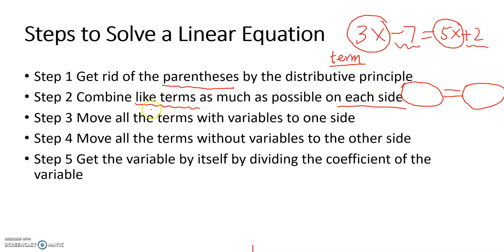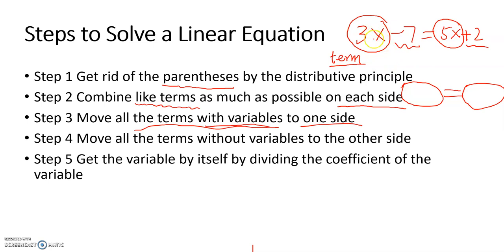Okay, so now how do we move all the terms with the variables? We also call these variable terms to one side, to the same side. What we can do is we can use the properties we discussed before, since we can add or subtract the same number from both sides.